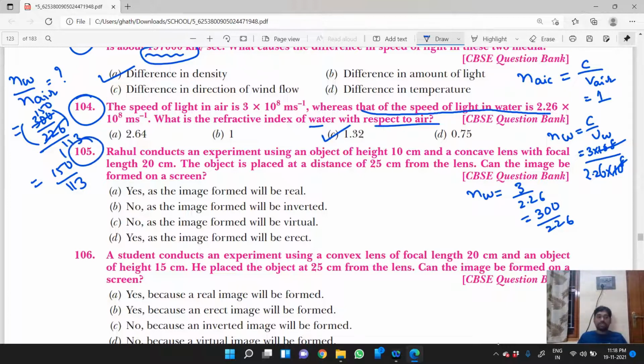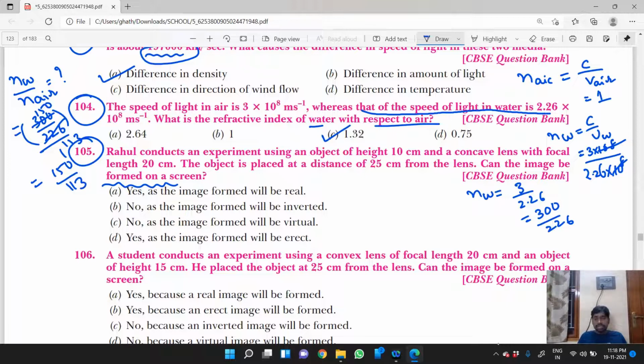Next question is 104, 105. Rahul conducts an experiment using an object of height 10 centimeters and a concave lens with a focal length of 20 centimeters. An object is placed at a distance of 25 centimeters from the lens. Can the image be formed on a screen? See, which lens is it?